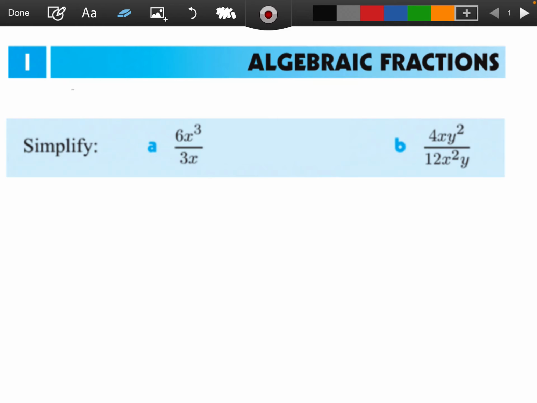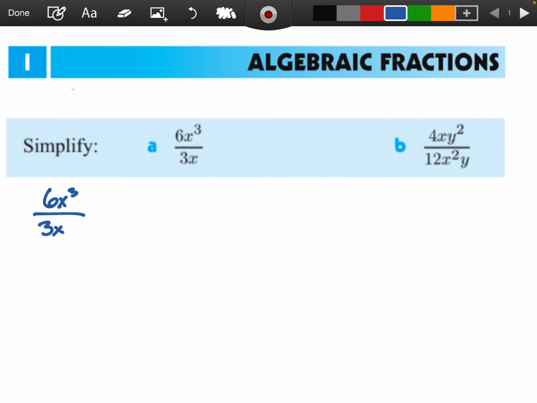And not unlike the algebraic product section, we look at the numbers separately from the letters. So we're going to look at two examples here. The first one, we have 6x to the power of 3 over 3x. And again, I'm going to show you a middle step that might be helpful for some of you in these initial stages of just learning about them.